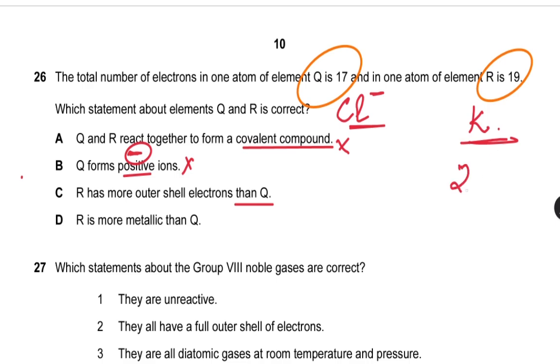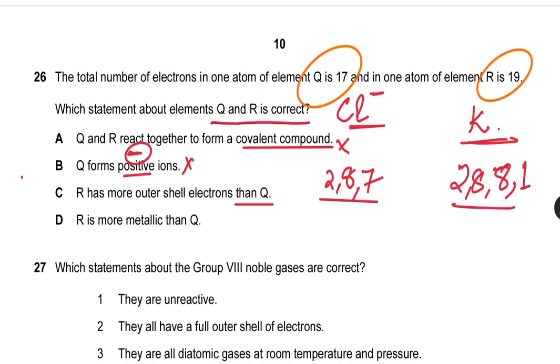R has more outer shell electrons? No. If you see, R is 2, 8, 8 and 1, whereas Q is 2, 8 and 7. So which statement about elements Q and R is correct?